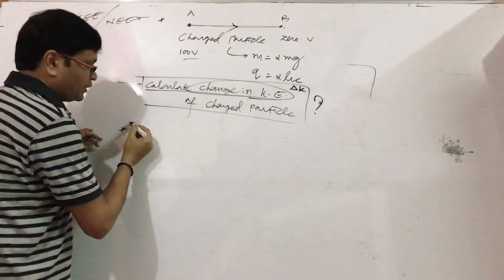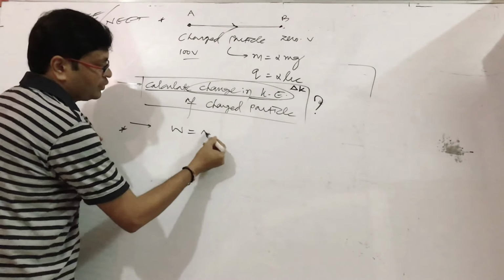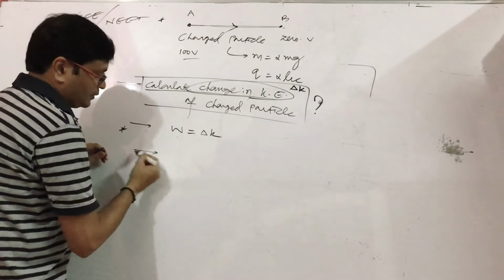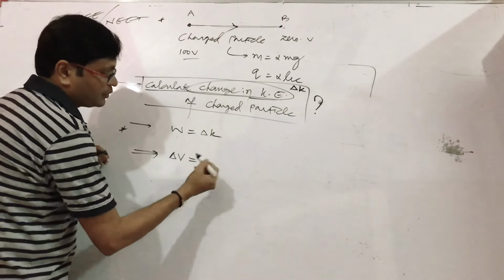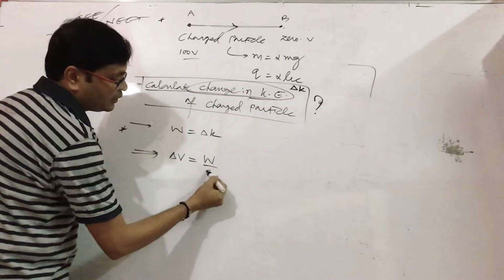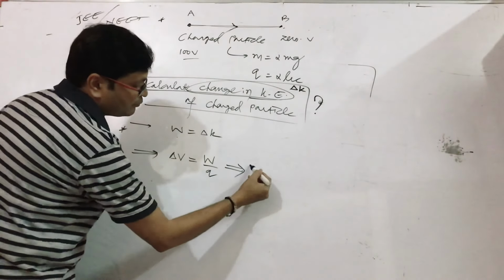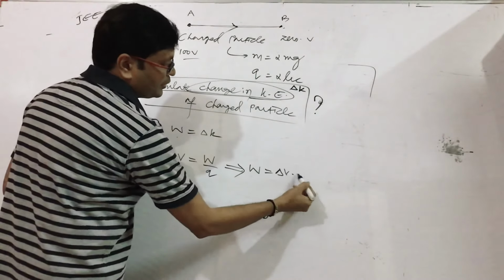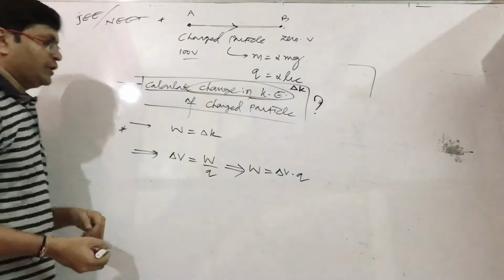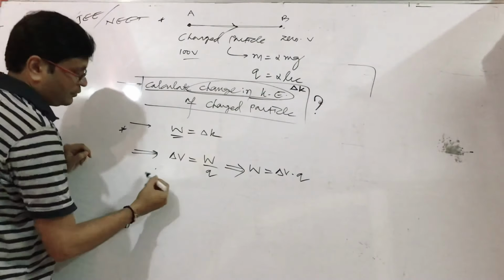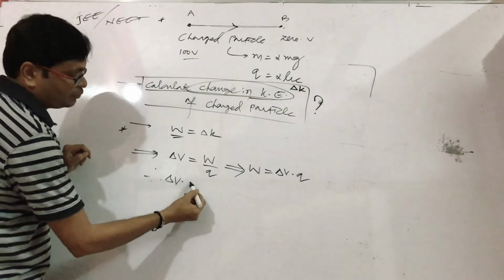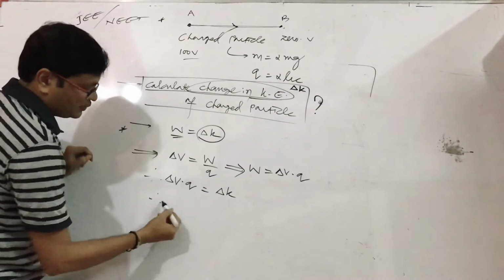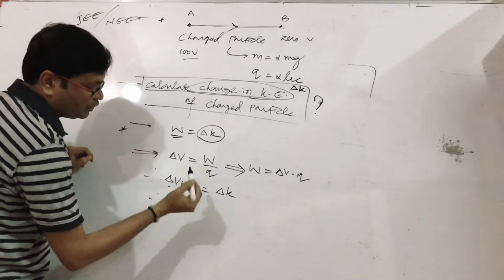So as per the work energy theorem, work done is equal to delta K. But you also know that delta V, the potential difference, is work done per unit charge. It implies that work done is equal to delta V into Q. So instead of work done, we can put here delta V into Q, while here delta K is your target. So delta K is equal to Q into delta V.